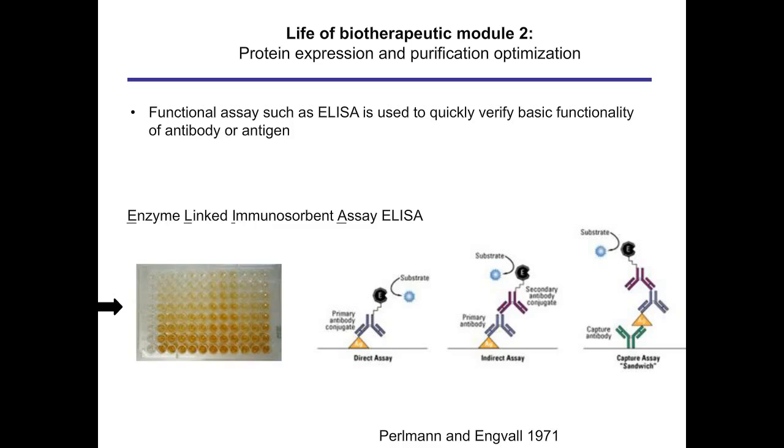With this format, you're actually measuring the functionality of an antigen, and you would take plates that are coated with a capture antibody for your antigen, and then you would subsequently add more antibodies to the antigen of interest, and via this sandwich format you can get much higher selectivity for the functional antigen that you are expressing.